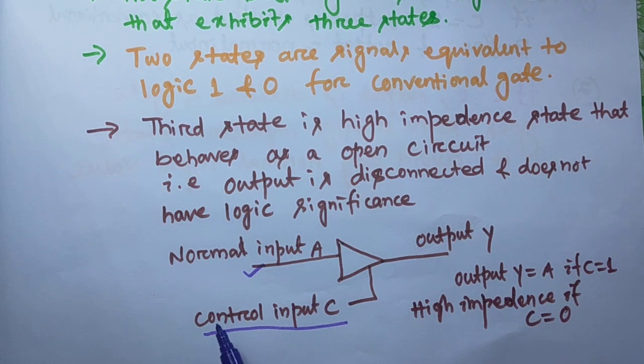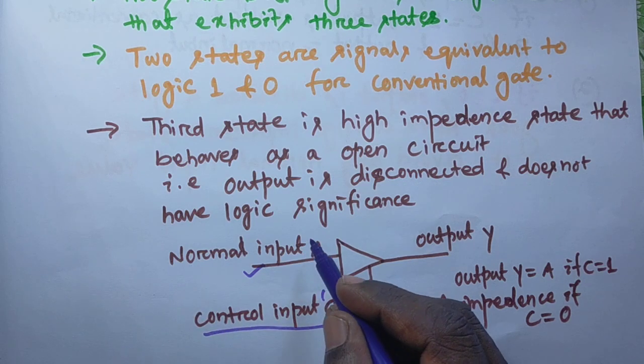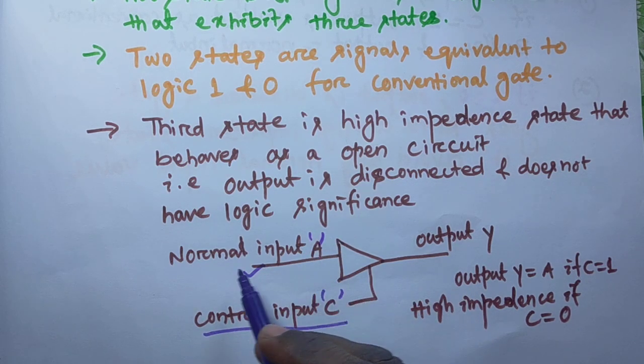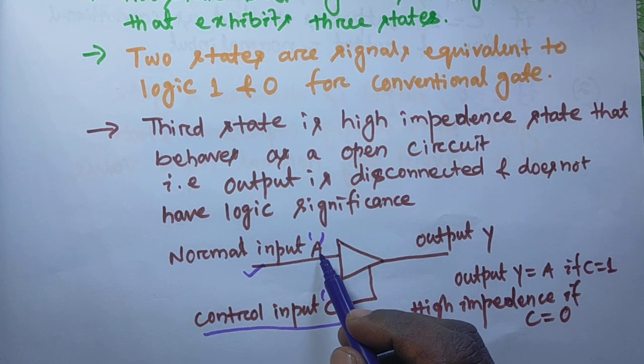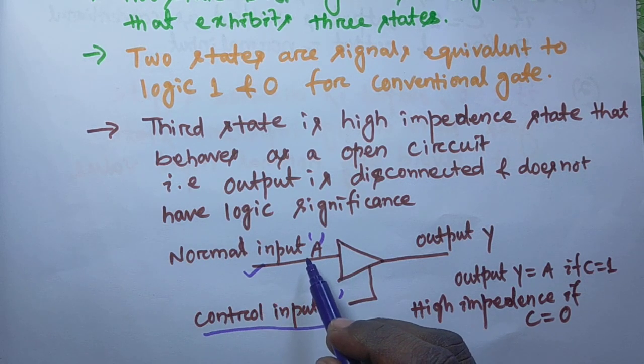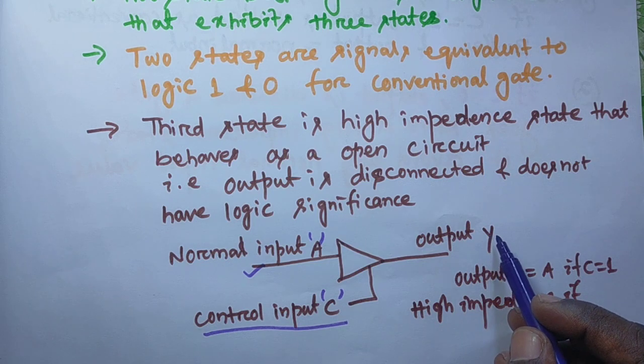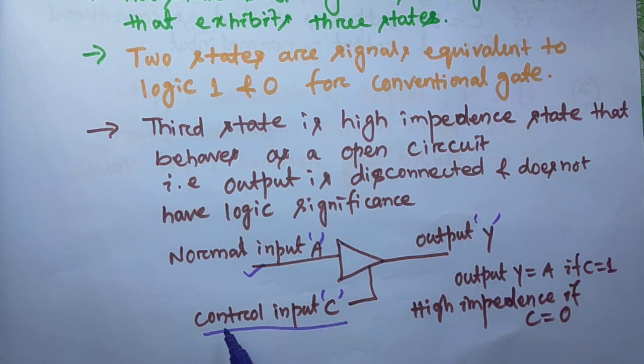We consider the control input as C, and the normal input as A. Whatever input we provide as A, we get the output Y, and it is controlled through the control input C.